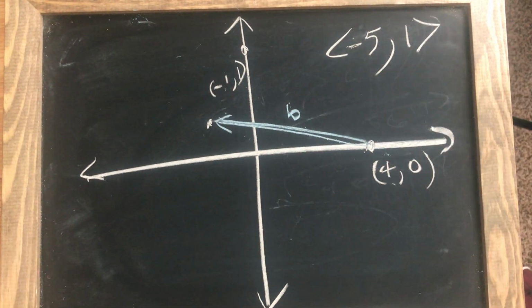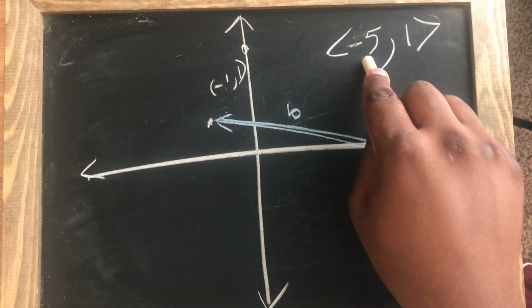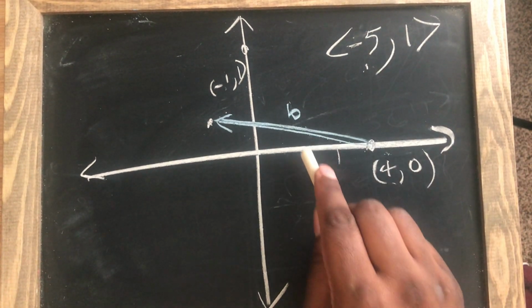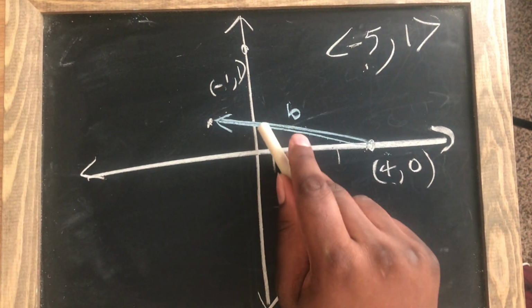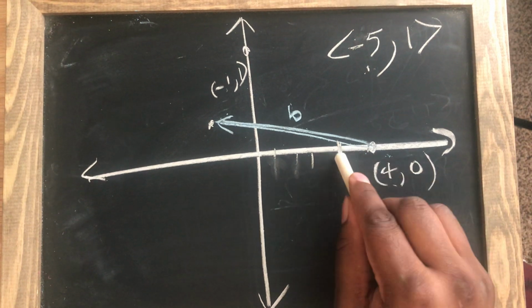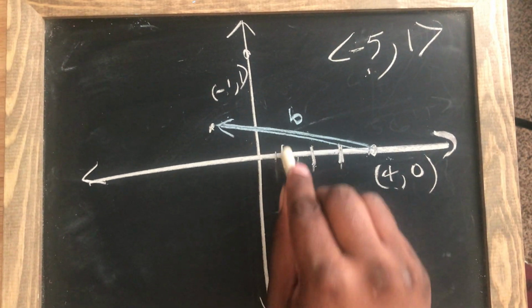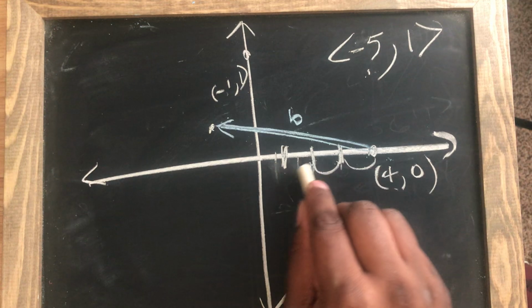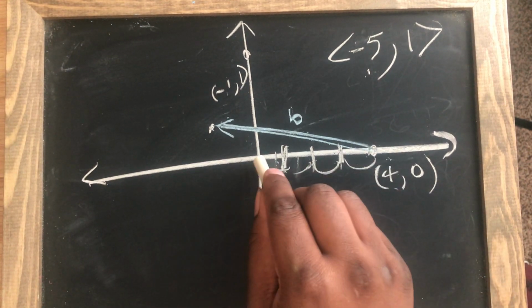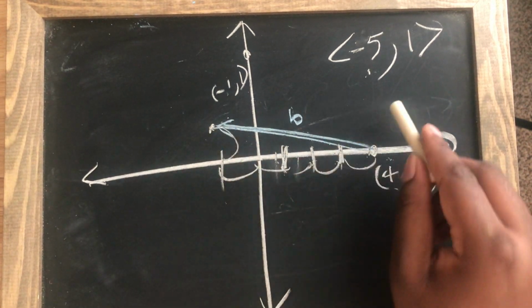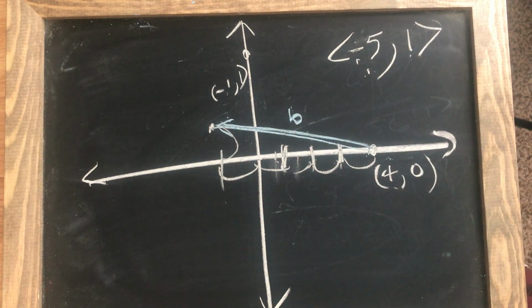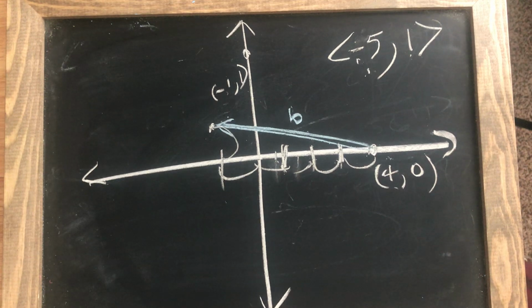I went back 5 units and up 1 unit. So (-5, 1) is the component form of my vector. Really that simple.